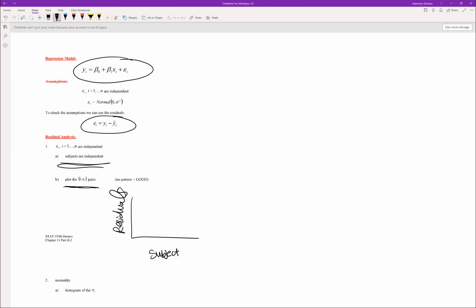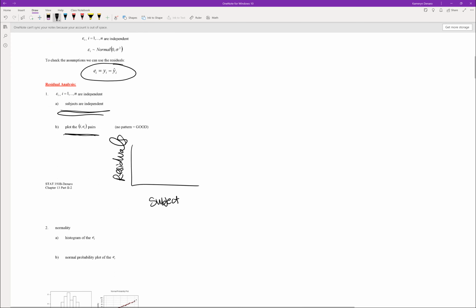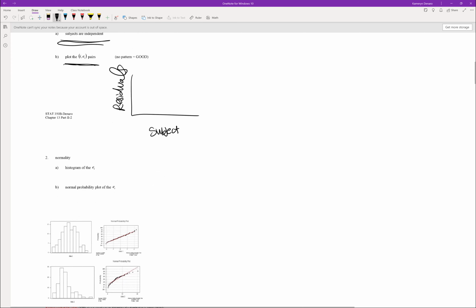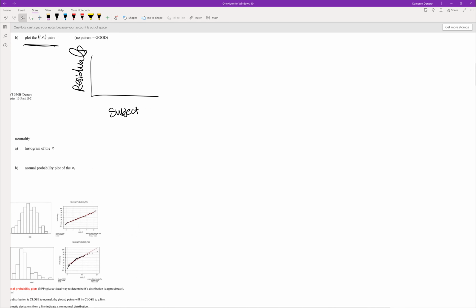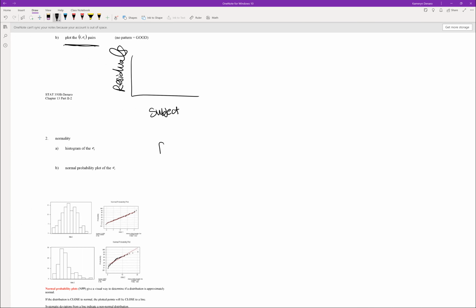All right. The next thing is we need normality of the residuals. So the way that we can do that is we can plot a histogram of the residuals. So suppose we fit a model in R and we calculated fit1 being our linear model of y following x.